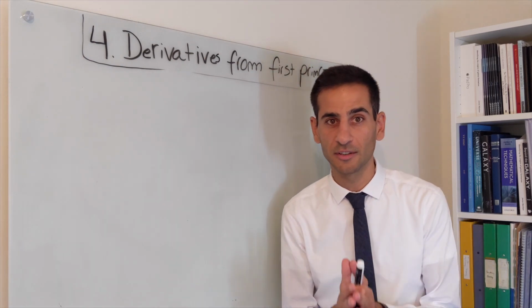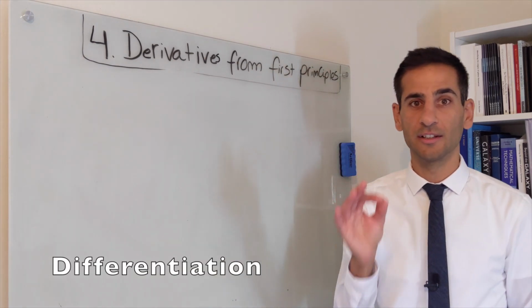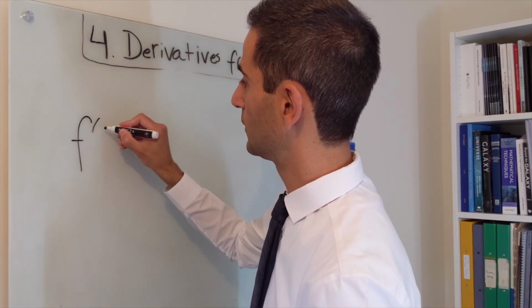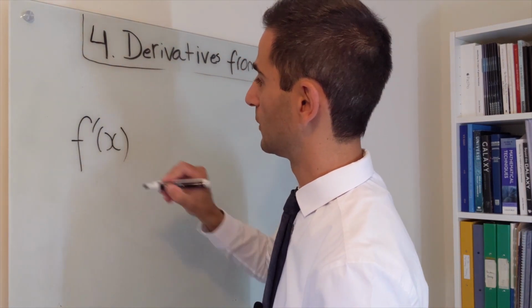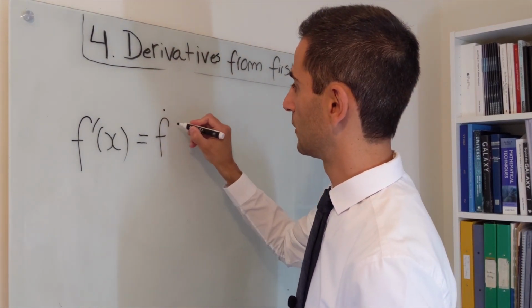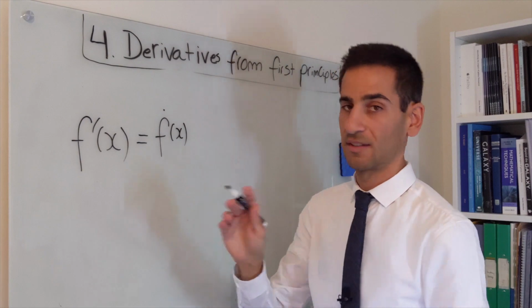The process is called differentiation, and the derivative of a function f in Newton's notation can be written like this, or with a dot on top. It means the same thing.